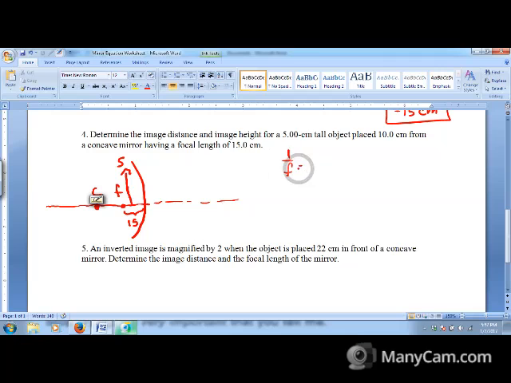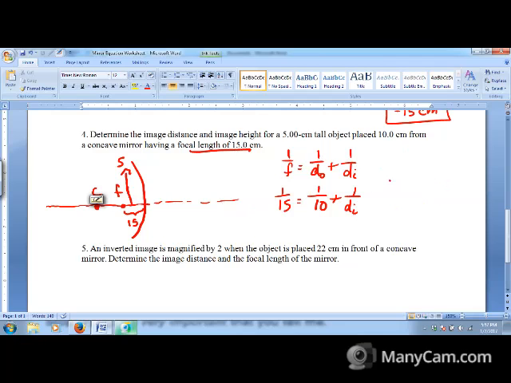Same equation as before, 1 over f equals 1 over do plus 1 over di. My focal length is still 15. My object distance is 10. It gives it to us in the problem. It's placed 10 centimeters away. And we want to know the image distance.